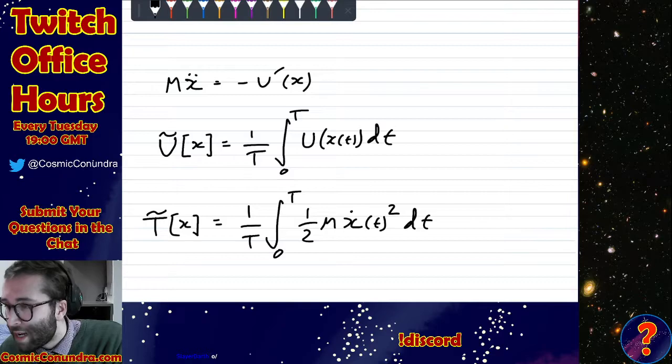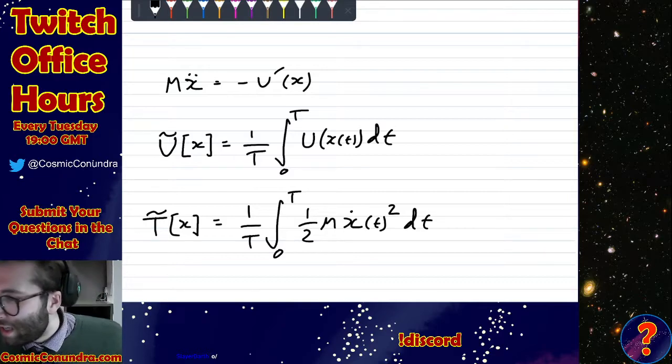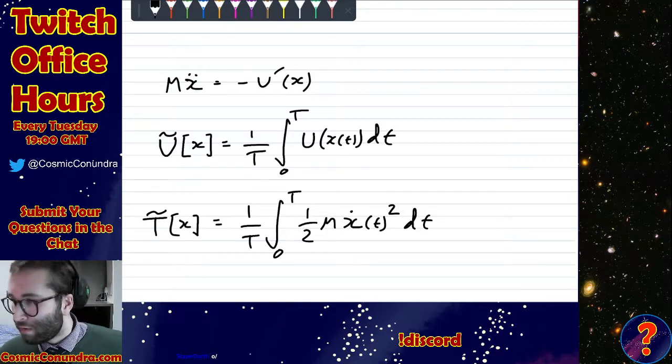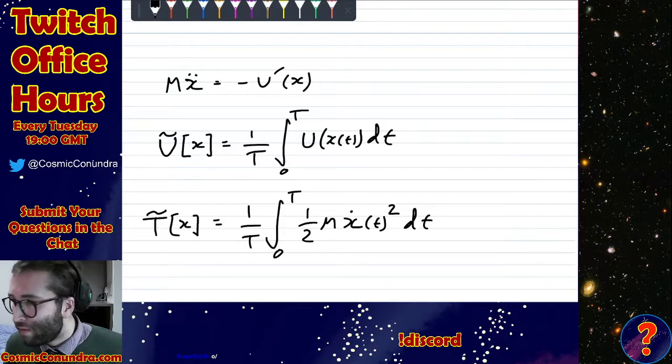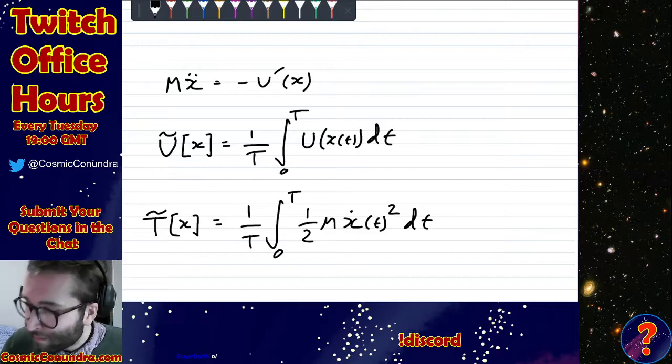So this is just the mean, the continuous version of the mean using integrals rather than sums. The mean is the sum of everything divided by how many everythings you have. In terms of continuous variables, it's the integral over them divided by the range of your integration. This is how you find the mean of a continuous variable.